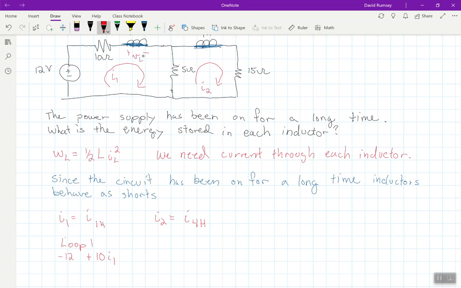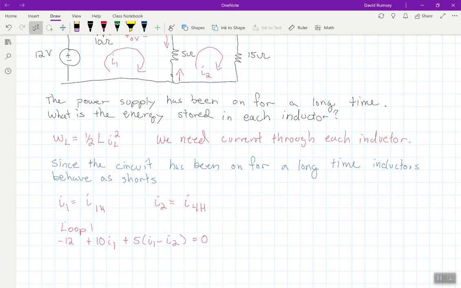But remember, that inductor, since it's fully charged, is behaving as a short, so there is 0 voltage across this inductor. So there's plus minus 0 volts here. So I just go past the inductor because it's acting as a short, and then I've got this 5 ohm resistor. So we got plus 5 times I1, and then because of the directions, I1 is going down, I2 is going up. They're going in opposite directions, so it would be I1 minus I2, and this is equal to 0.